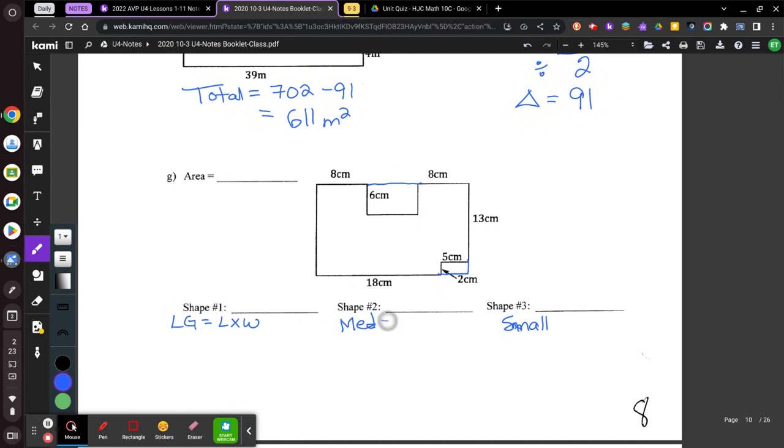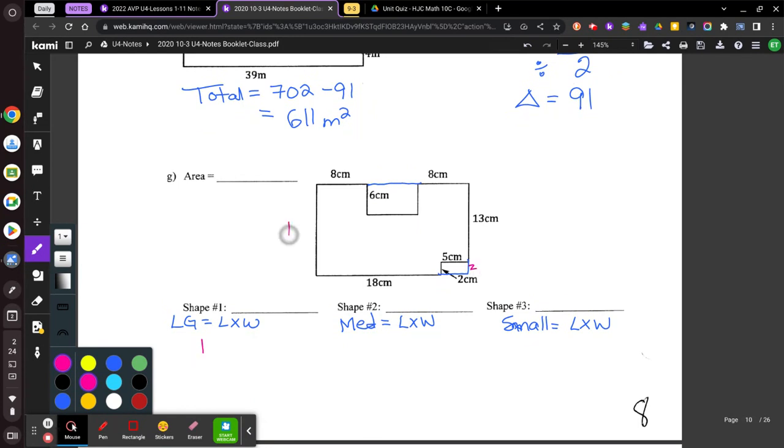Then we're going to have our medium rectangle and our small rectangle, the mini one. And again, they're all length times width because it's all area of a rectangle. So now the dimensions. If I look at the dimensions of the large object, I'm going to have 13 plus 2 makes a 15 on this side. So 15 times 23. Now, where did that 23 come from? It's going to be my 8, and 8 is 16. And this guy here, where did I get 23 from?